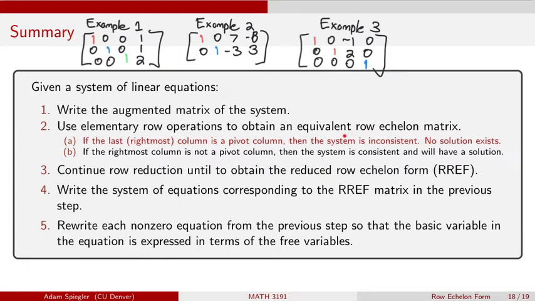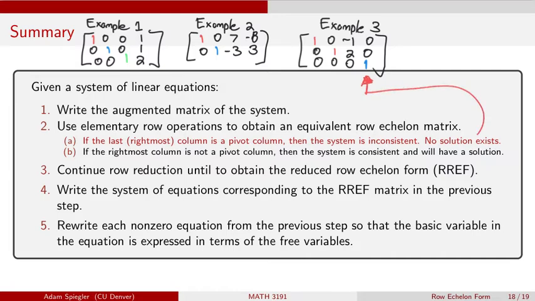And I'll notice, even before I try to reduce it, that after putting the matrix in row echelon form, if the rightmost column in the matrix is a pivot column, that's going to imply, such as in example 3, that we're going to wind up with some equation which is false. That is going to tell us that 0 is equal to 1. So if I ever have a matrix that has a pivot column way on the right, then that's going to tell us that this system has no solution.